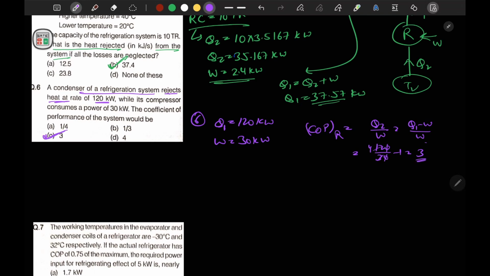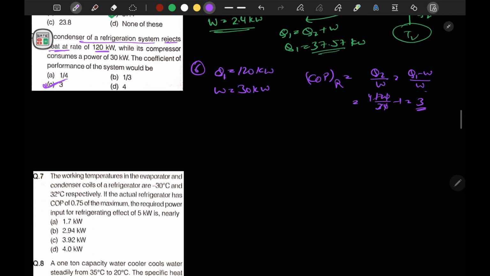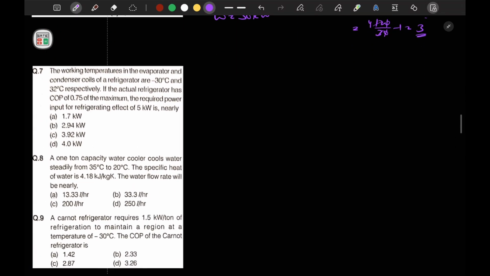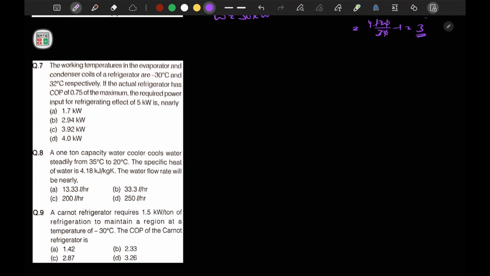Now if we move to question number 7, it is mentioned that the working temperatures in an evaporator and condenser coil of refrigerator are minus 30 and 32 degrees Celsius respectively. The actual refrigerator has COP of 0.75 of the maximum.